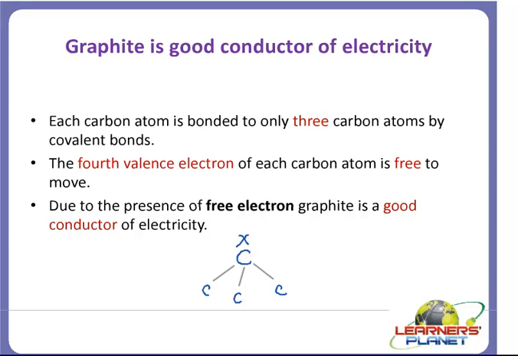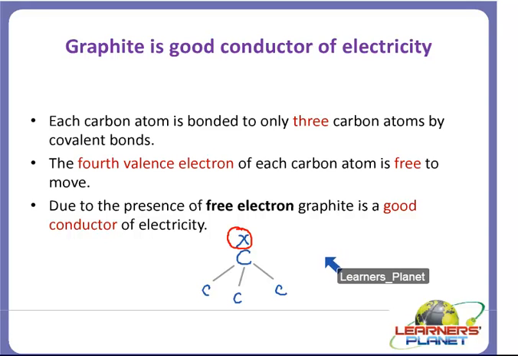Now what will this electron do? This electron can move from one shell to another shell, and that is why your graphite is a good conductor of electricity. Diamond was not a good conductor of electricity because there all the 4 electrons were occupied.